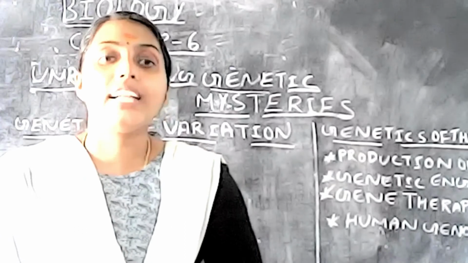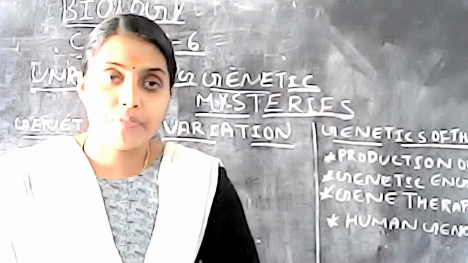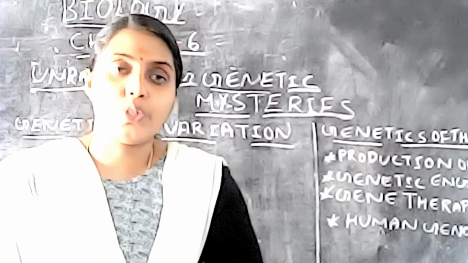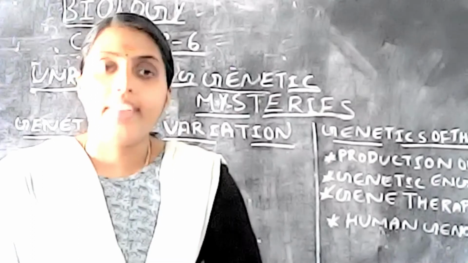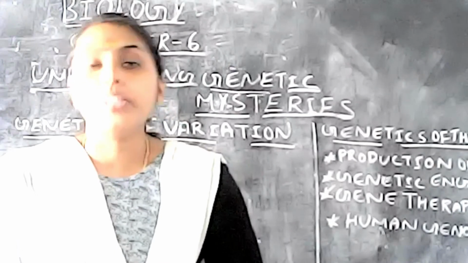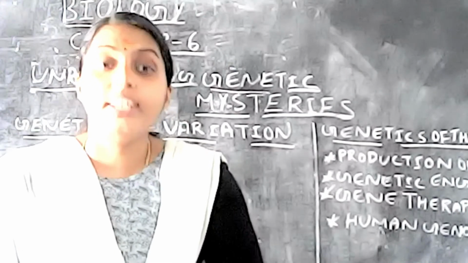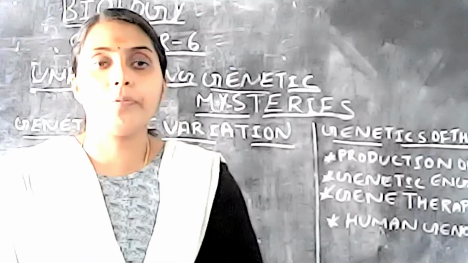Then when the X chromosome from mother fuses with the Y chromosome from father, the genetic constitution of the child will be 44 plus XY, and the child born will be male. So the genetic constitution of the father determines the sex of the child. Is it clear for you?